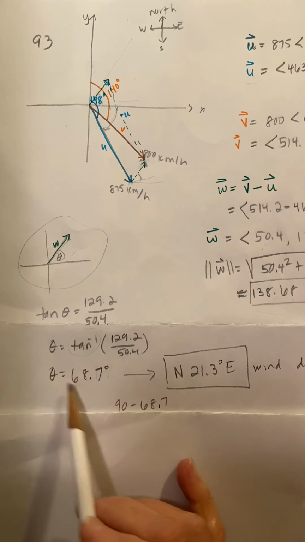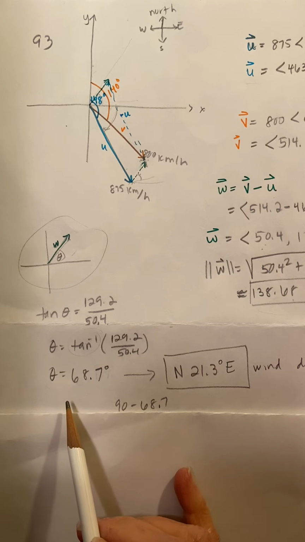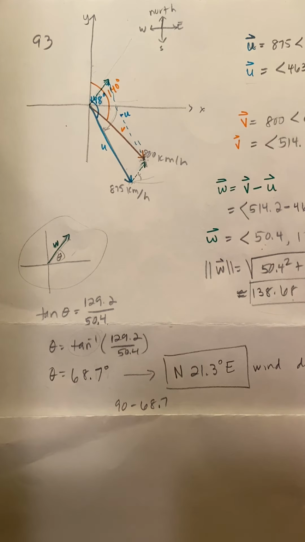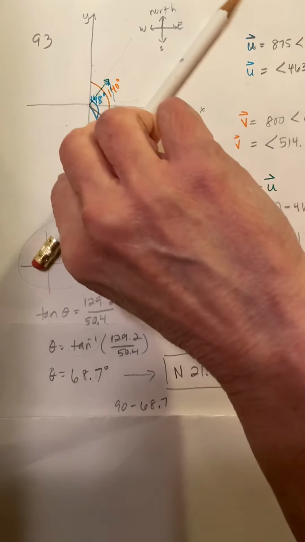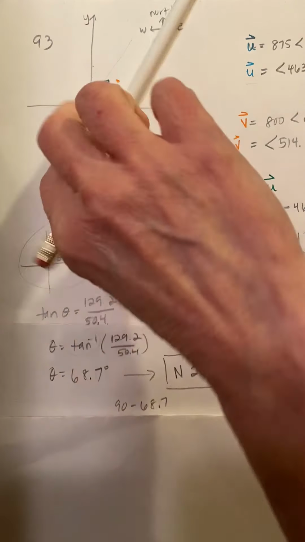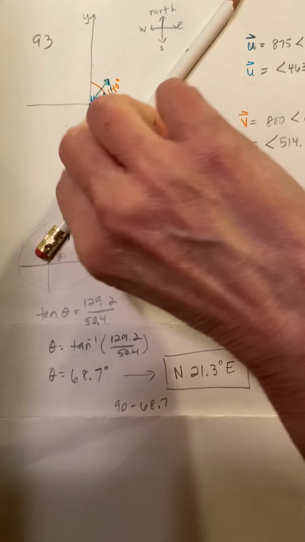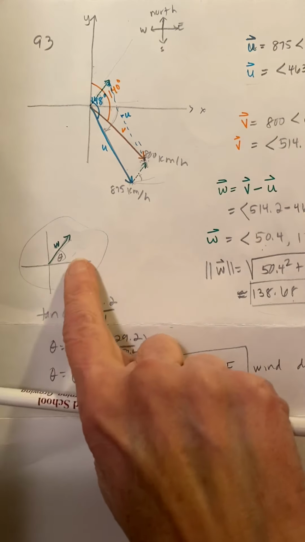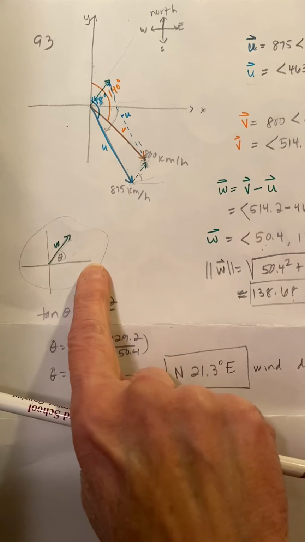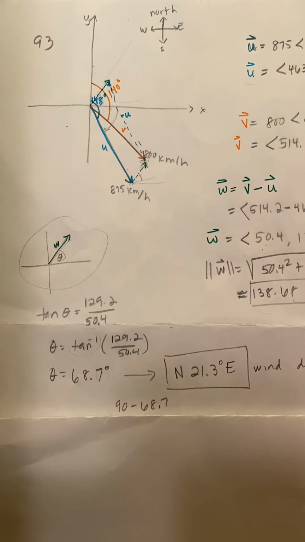Now you might say, why isn't that the answer? It's because wind speeds are not given that way. 68.7 is off a trig. That's rotation off of the positive x-axis to here. So, sorry, I keep blocking the view. 68.7 is positive rotation from the x-axis up to where I have my w vector.